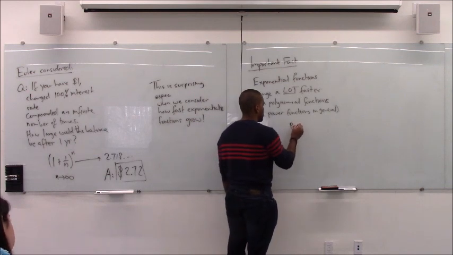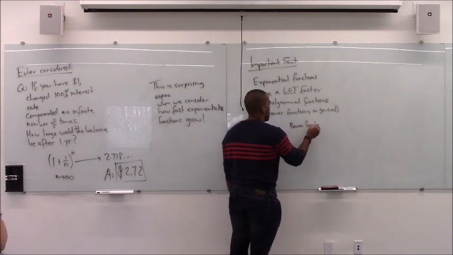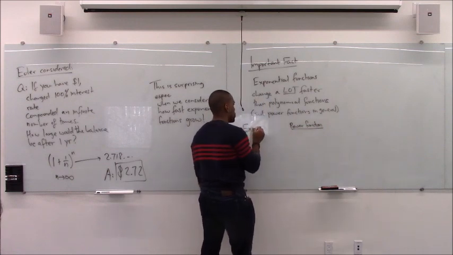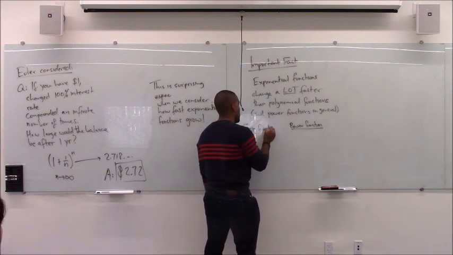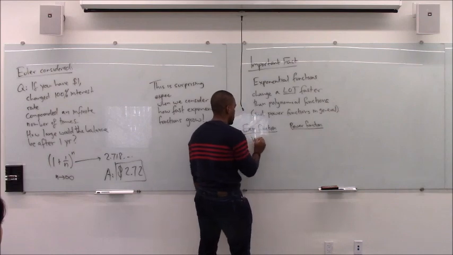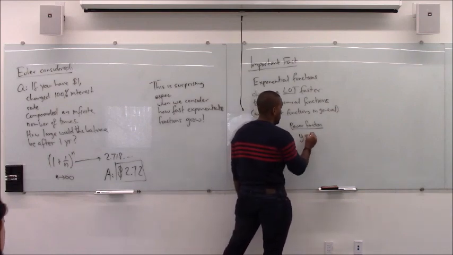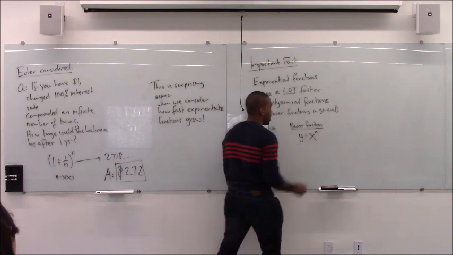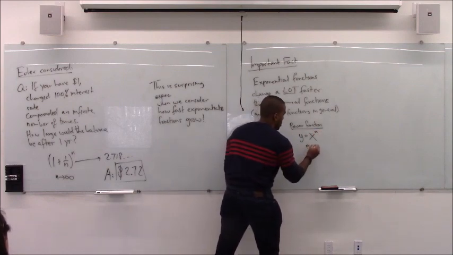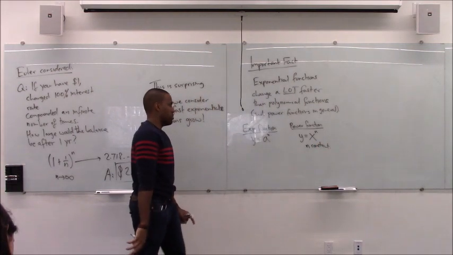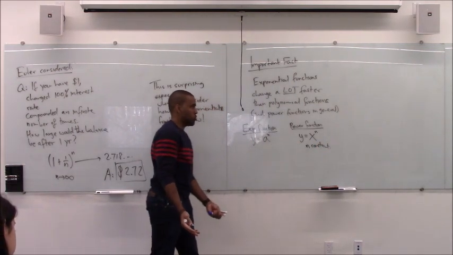A power function is kind of when you switch the situation from having the base is a constant and the power is a variable versus the base is the variable and the power is the constant. Now, does it actually really make a difference?